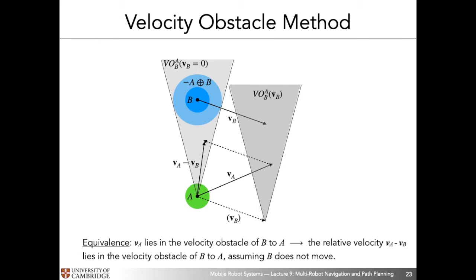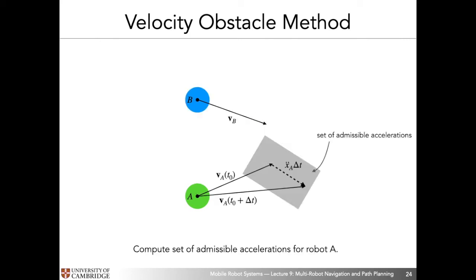Right, so at this point, we now know where we are not allowed to move into, right? We know where VA is not allowed to control its velocity into, as represented by the velocity obstacle I showed you previously. But how do we use that representation to now plan, right?